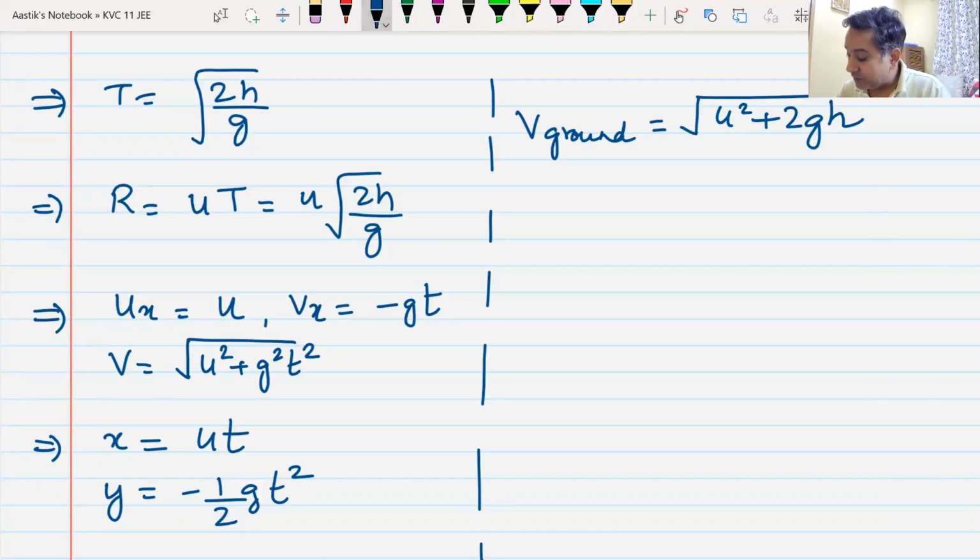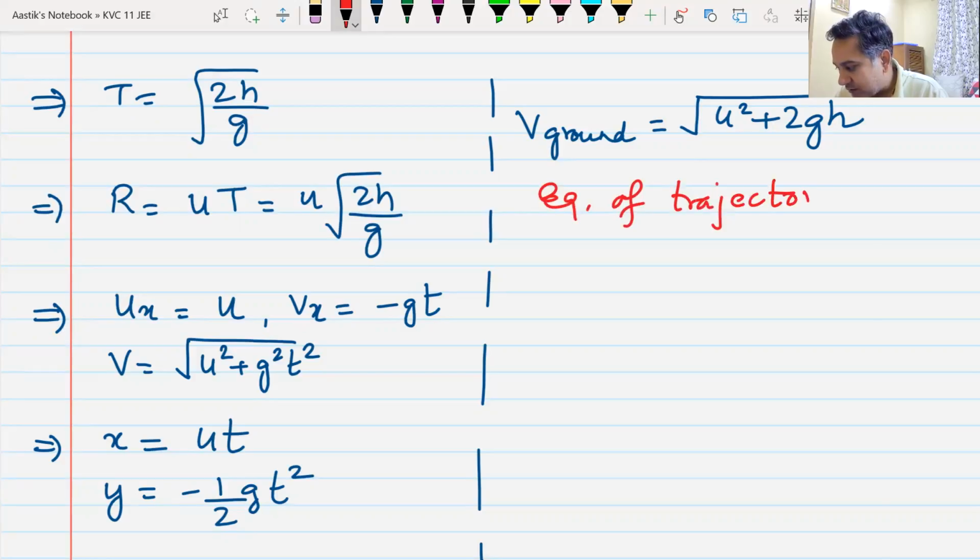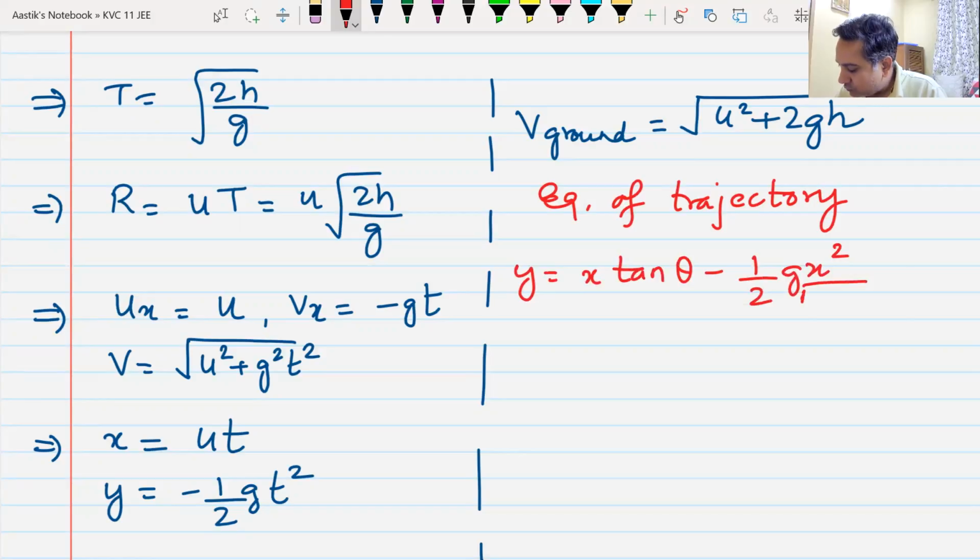Apart from this, you have to remember the equation of trajectory for this horizontal projectile. Now, how do we get this equation of trajectory? Remember, the original equation was y is equal to x tan theta minus g x square by 2 u square cos square theta.